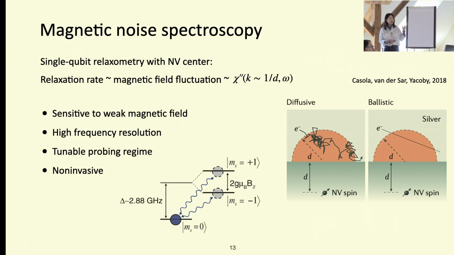Then this is the diffusive type of situation. But if it's close enough, it won't see the electron getting scattered, and then it's a ballistic situation. And last but not least, this NV technique is non-invasive, so you don't have to deal with problematic interfaces.